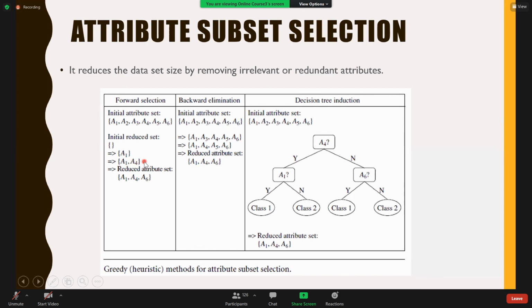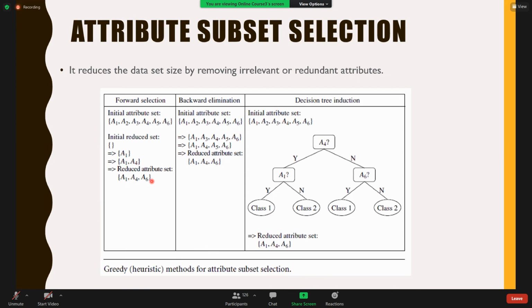Now, how many attributes are remaining? A2, A3, A5, A6. Among these four, in the third iteration, A6 is considered the best attribute, so A6 is included. So how is A1 selected, then A4, then A6?